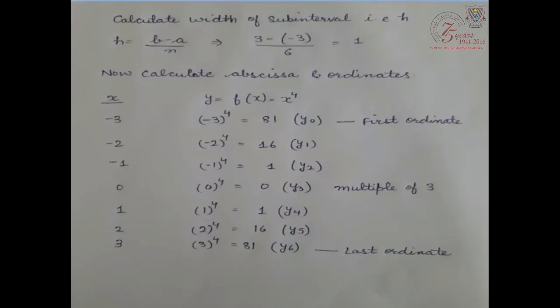To calculate h, we will use the formula h equals (b minus a) divided by n, where b is the upper interval of the integral, a is the lower interval, and n is the number of subintervals given to us. In the given example, b is 3, a is minus 3 and the number of subintervals is 6. From calculating these values, we find the value of h as 1.